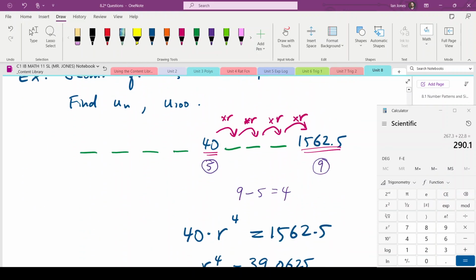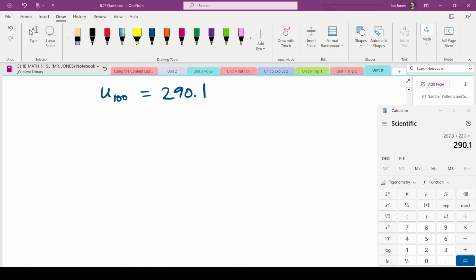Now, one thing I want to point out, if you're seeing how many jumps there are between two numbers, you subtract their positions. This is a little bit different from when we asked how many terms there are in sigma notation, where you have a starting point and an ending point. Because here, this isn't how many jumps, this is how many numbers including both the 10 and the 5.